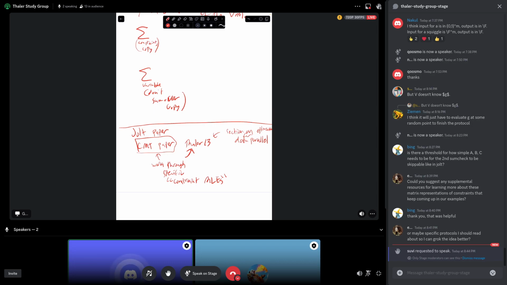You'll see that the data parallel stuff sums over one copy variable, one copy instead of two. So it's very similar to what's happening in Jolt, how we can get rid of the second Spartan sum check.